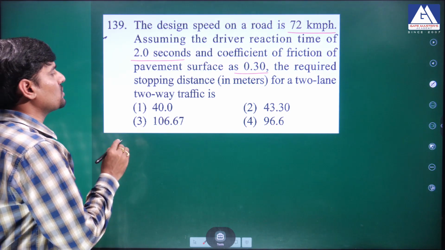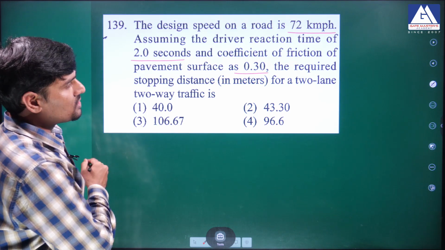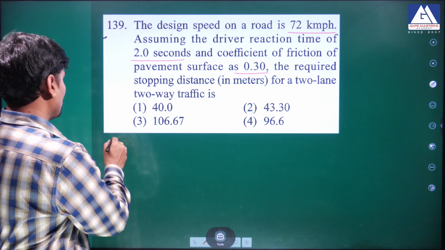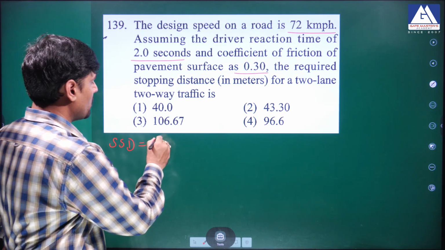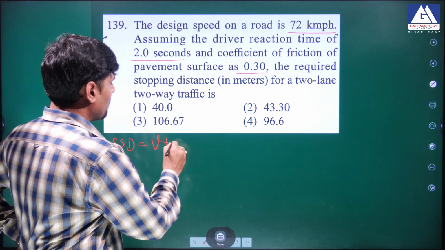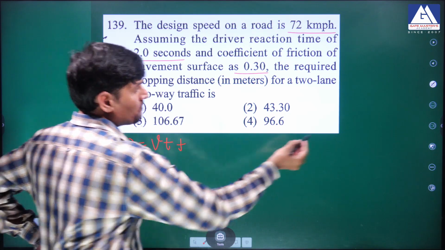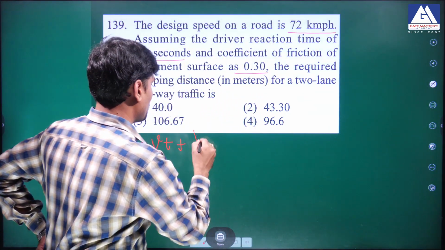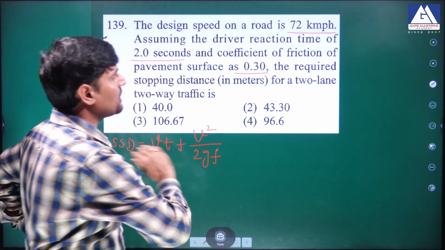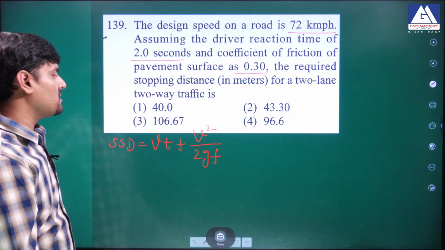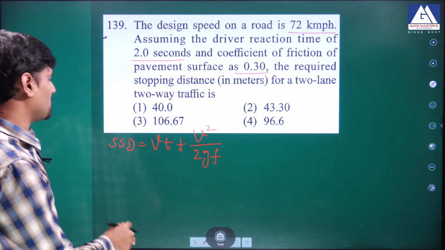So direct substitution in the formula: SSD is equal to Vt plus V square by 2gf. No gradient is given, no braking efficiency is given.